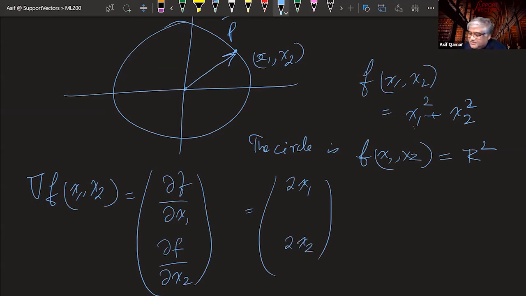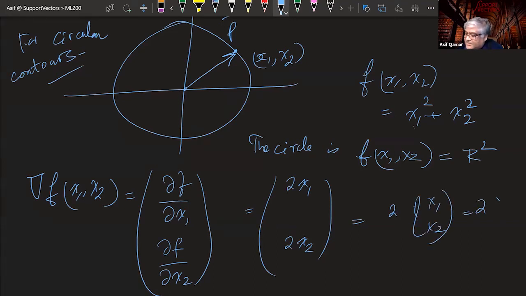You observe something very interesting for a circle. This happens to be pointing in the direction of twice the P vector, the radius. P is given by x1, x2.